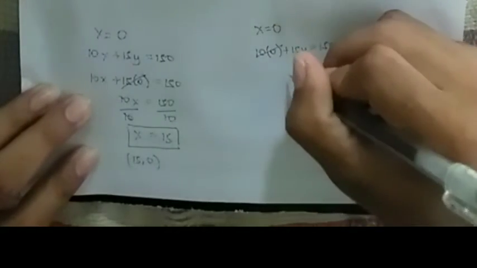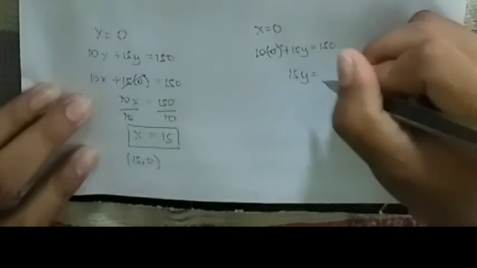Same process. We'll get the y by setting x to 0. x is equal to 0. Then 15y is equal to 150. Then cancel. 15y is equal to 150.